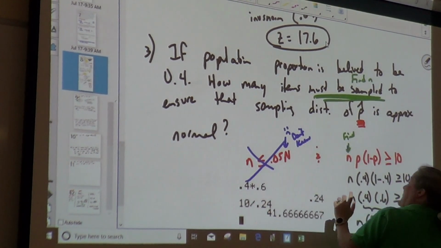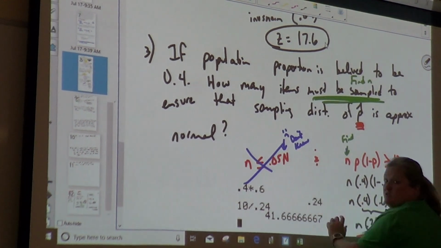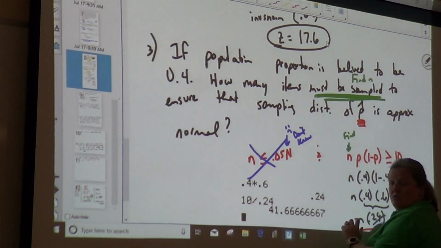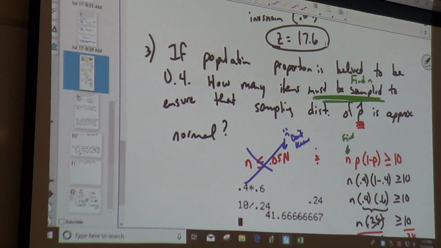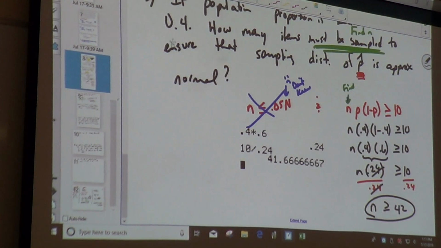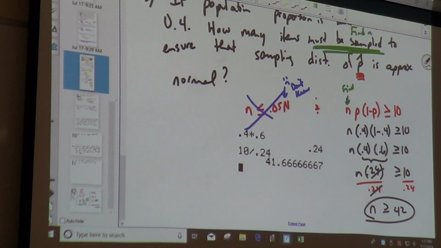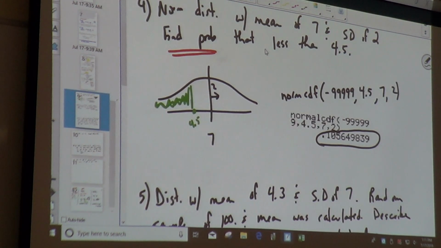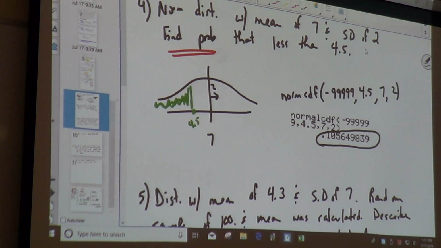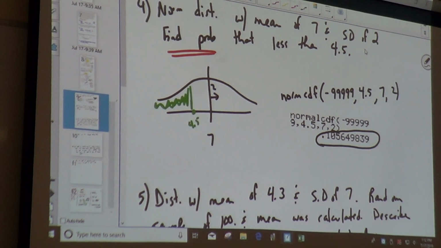So it was that very last thing. Is it normal? What are those 2 rules for P being normal? Those are those 2 rules that you have to memorize. This is the mean, this is the standard deviation. That was a straight up, the first type of problem.